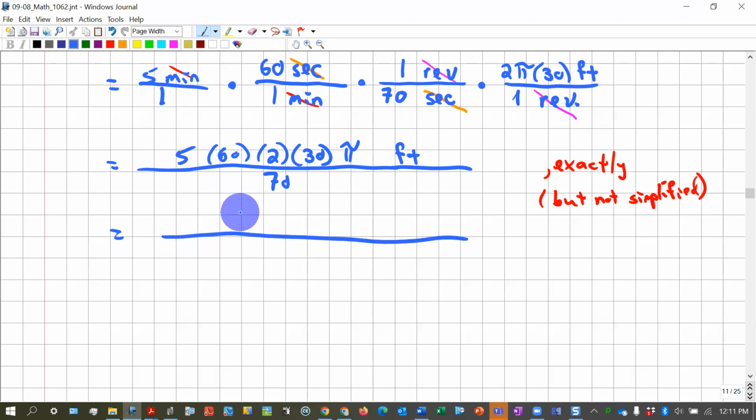So I'm going to have 60 times 30 is 1800 pi over 7 feet. And that's exact and simplified.